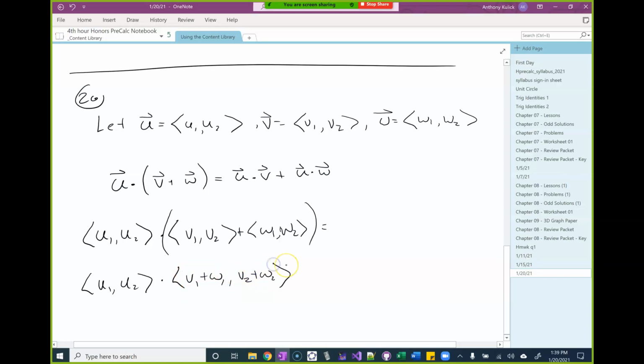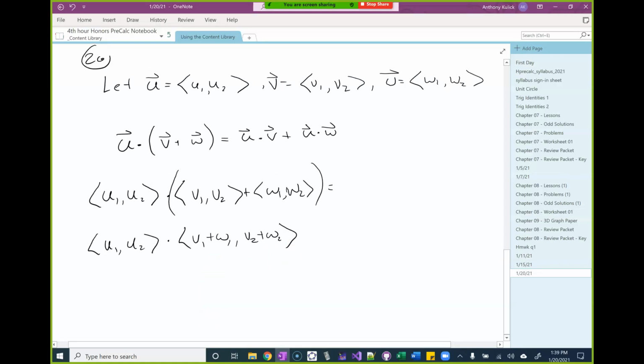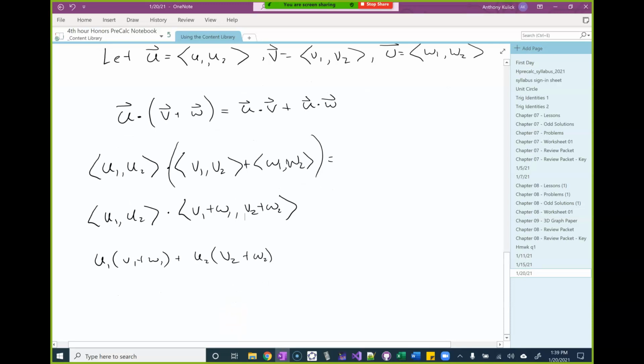To add two vectors in component form, we just add them component-wise. And now I'm going to do the dot product. So when I do the dot product, we multiply the components together and then add them, right? Still doing good? Okay.